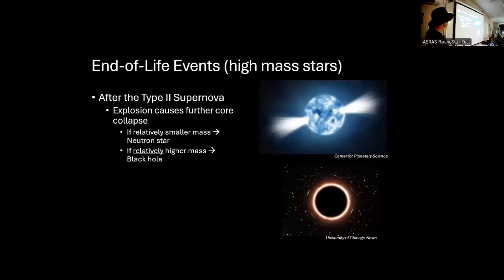After the supernova occurs, depending on how massive the star is, it's not completely obliterated. Relatively lower mass, heavier stars collapse into neutron stars, and relatively higher mass stars collapse into black holes. So the end point of this whole process on the heavier end of the curve is that the relatively less heavy stars end up as neutron stars, and the relatively heavy stars end up as black holes.